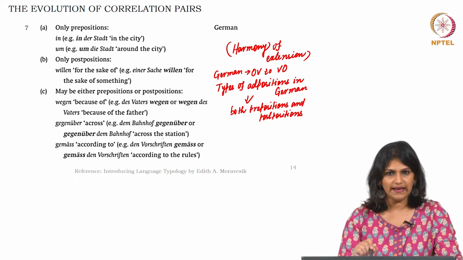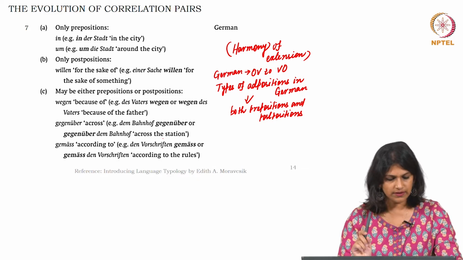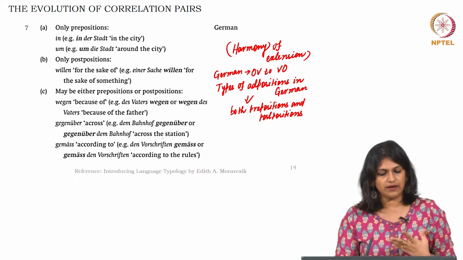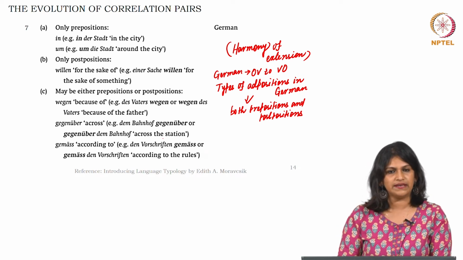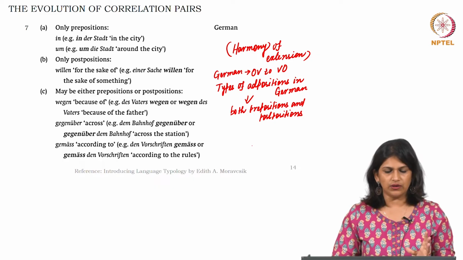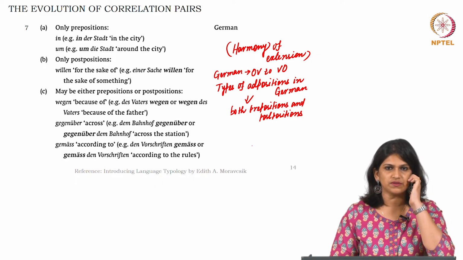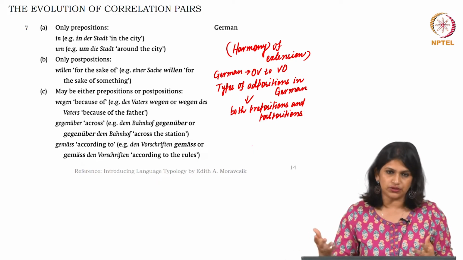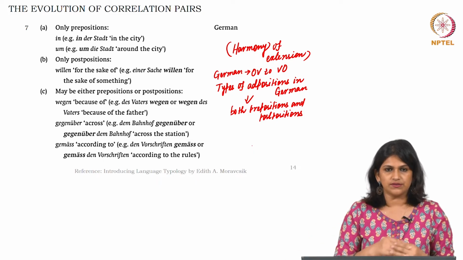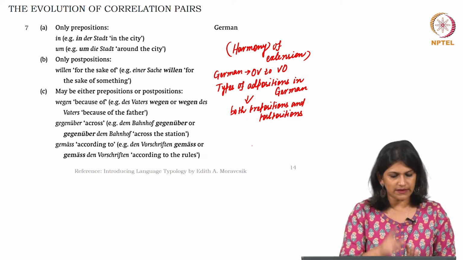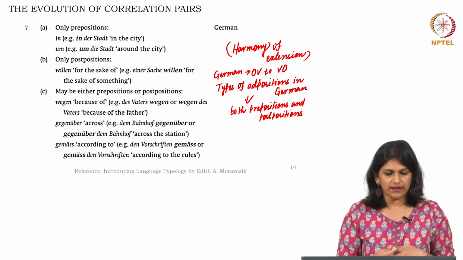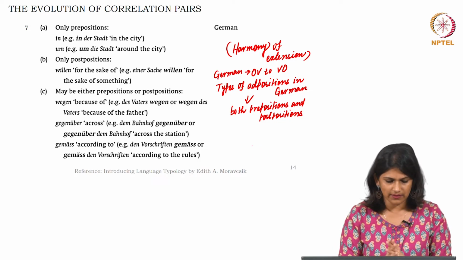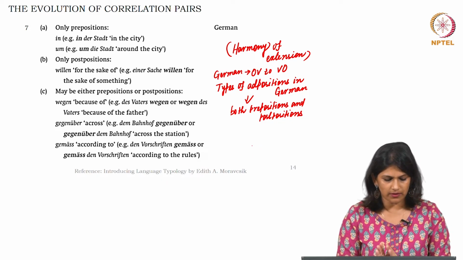So, 7a is the only preposition, 7b is only postposition, and in the case of a phrase like "wegen", we need to find out, besides only preposition or only postposition, do we have something else, and German is a very good example. Then we have 7c, the words like "wegen" or "gegenüber" or "gemäß".